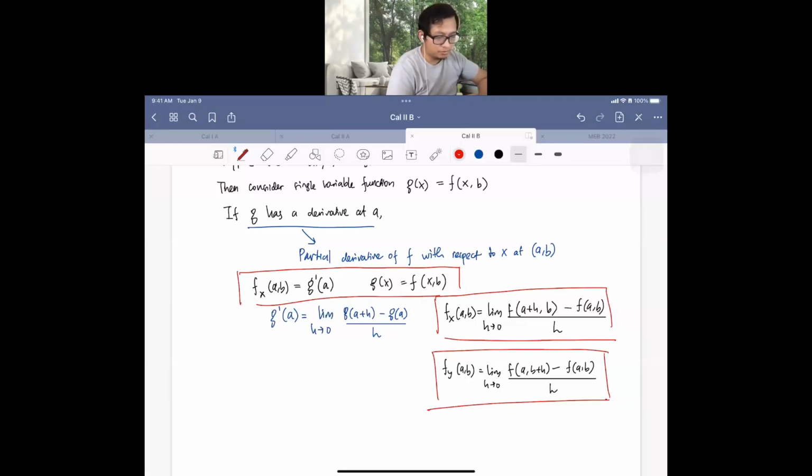And this is provided that these two limits exist.